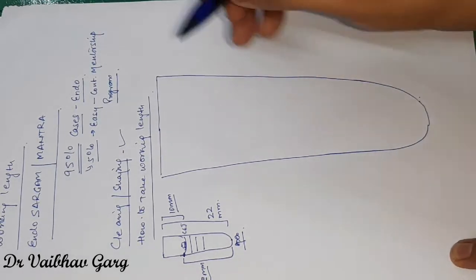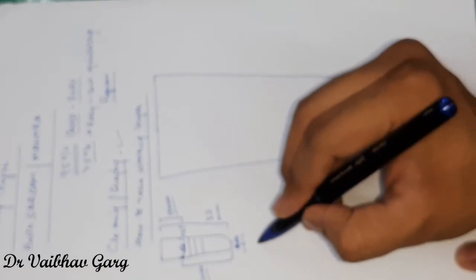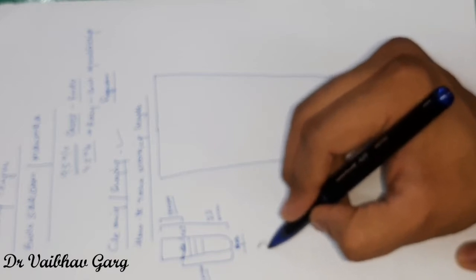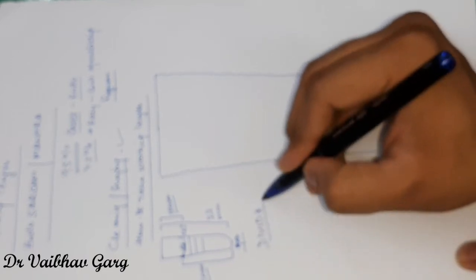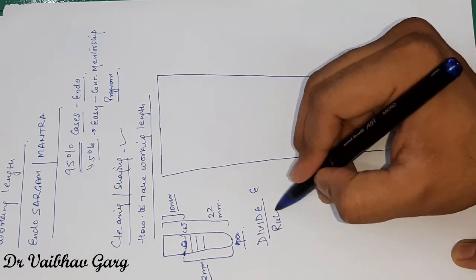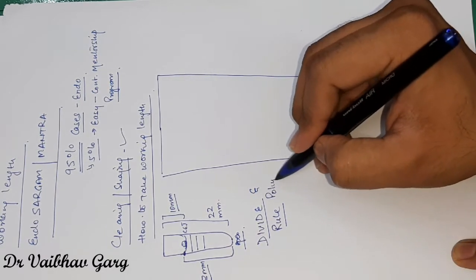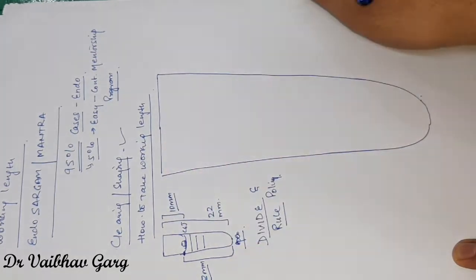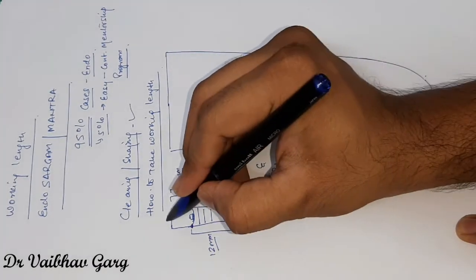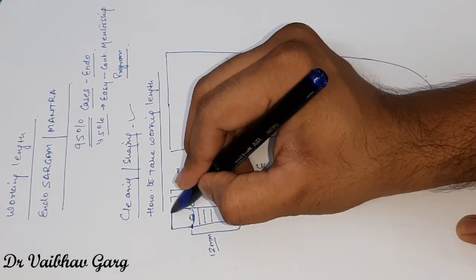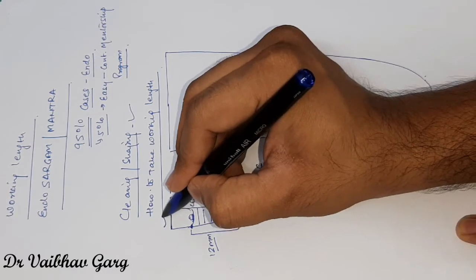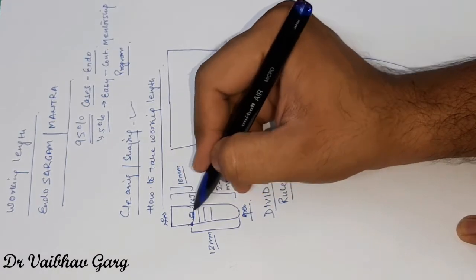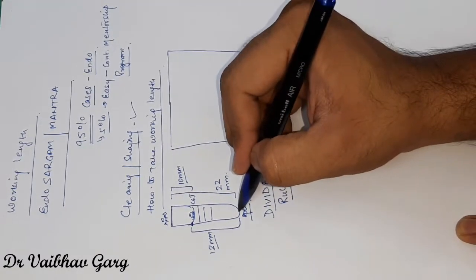So the policy that was taught to me for learning this technique is the divide and rule policy. That means when we are doing a root canal treatment, this entire occlusal surface or the incisal edge is much closer to the eyes, and we have more control over the area that is closer to us than the apex.